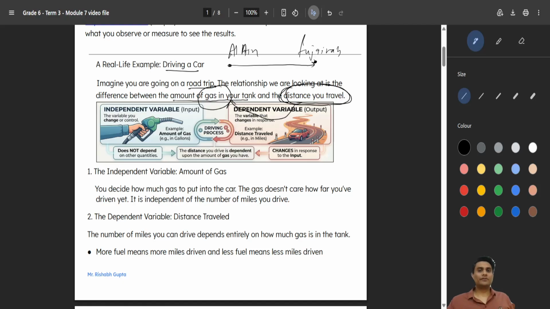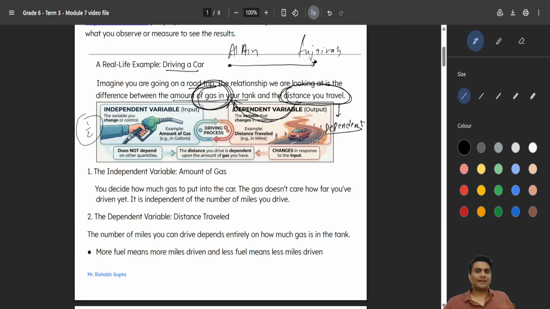But if the tank is only half filled, then you will be able to do only 150, 200 or 250 kilometers, like this, correct? Which means the distance that you are traveling is the dependent variable, because it changes depending on how much gas is there in your tank.